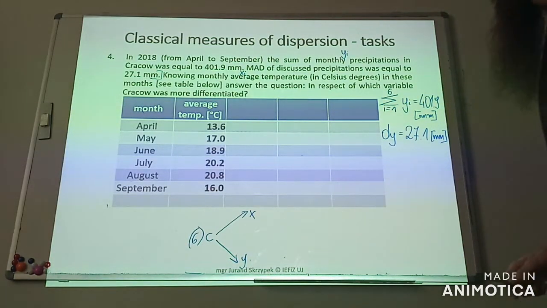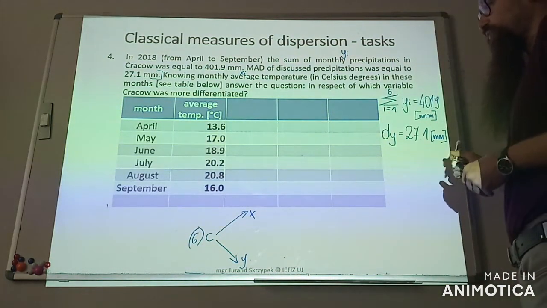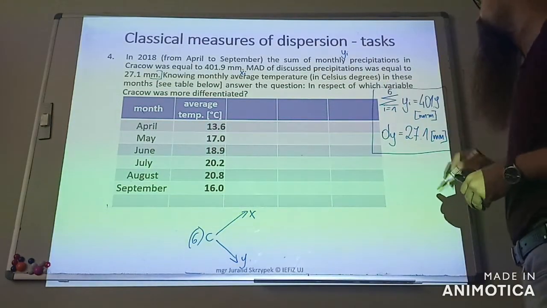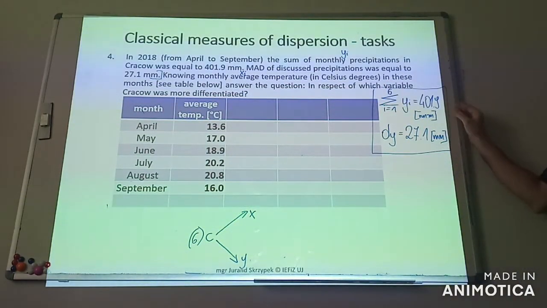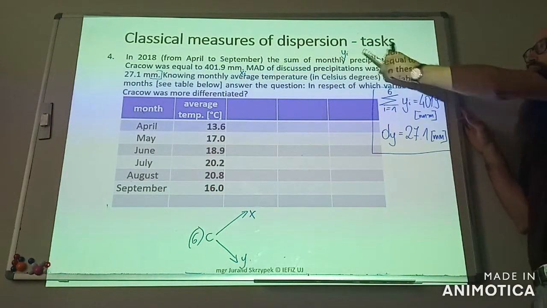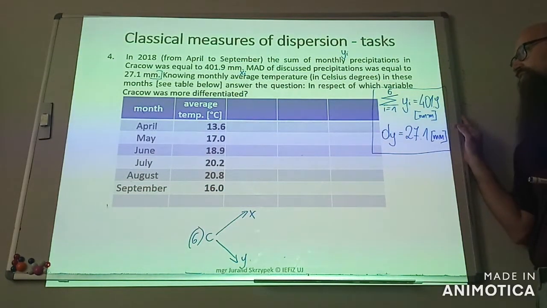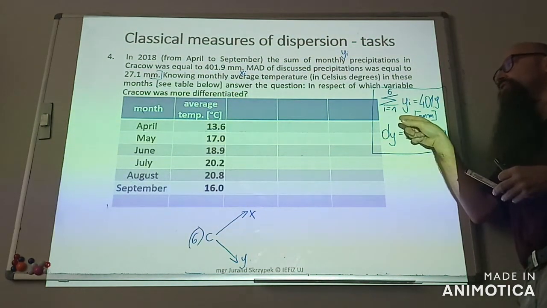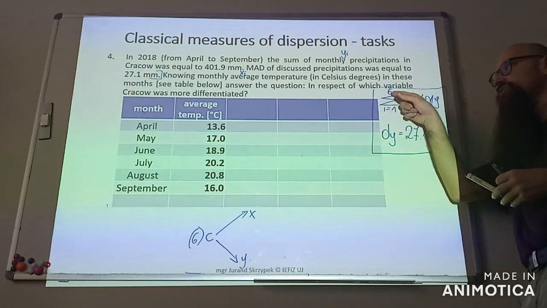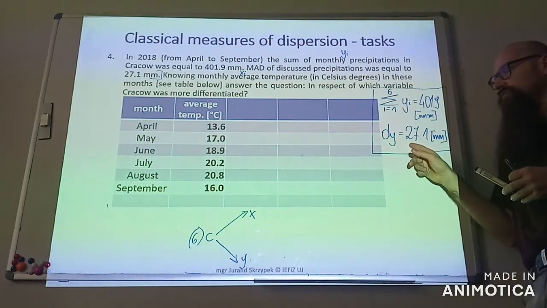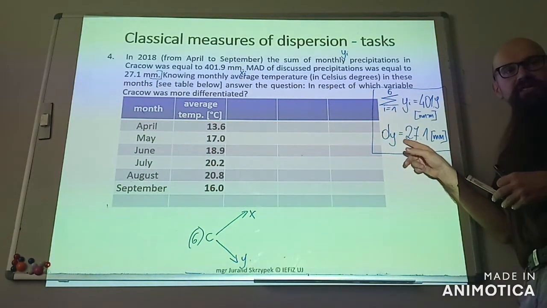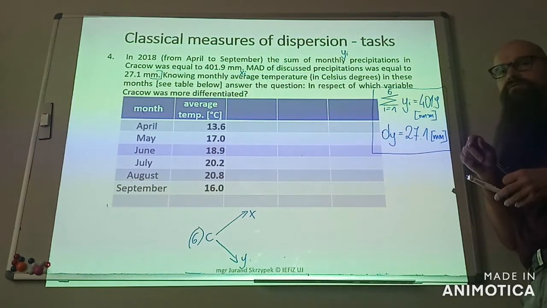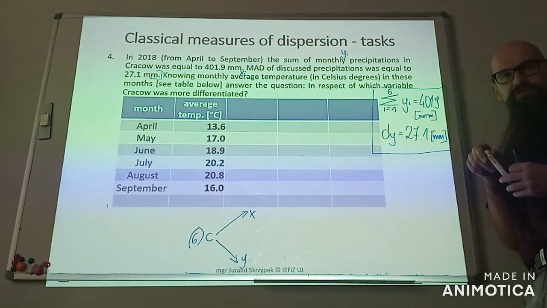Alright, we have two variables, but the information about variable y is limited, because the only thing we know is the sum of the monthly precipitations in the next 6 months, and here we have the final result, actually, the mean absolute deviation of the sum of monthly precipitations.